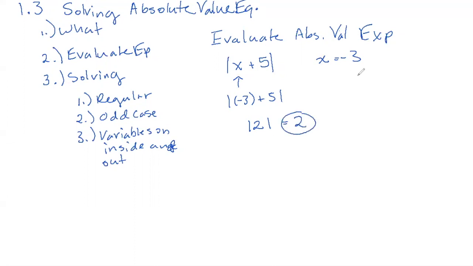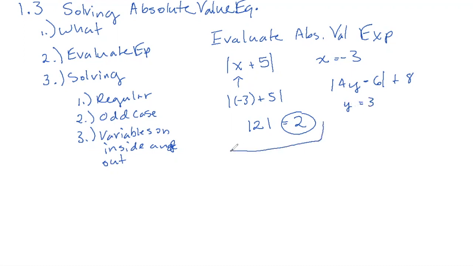Okay? What if we had the expression |4y - 6| + 8, and let's say that y was equal to 3?